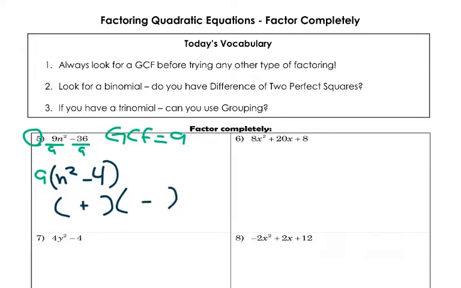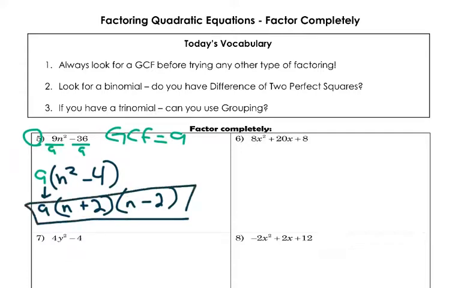I split n squared, so you have n and n, and the square root of 4 is 2. And I'm going to bring down our GCF from before. And there's our answer. We factored this completely.